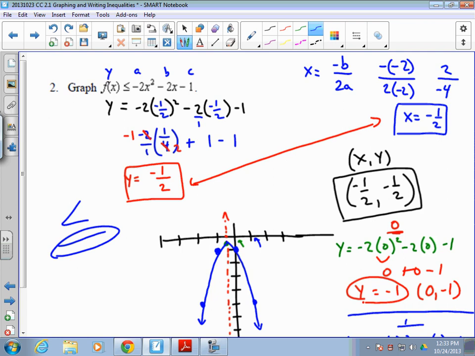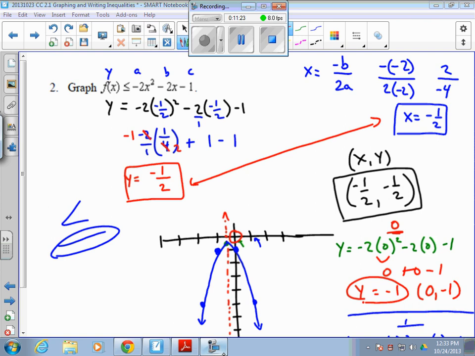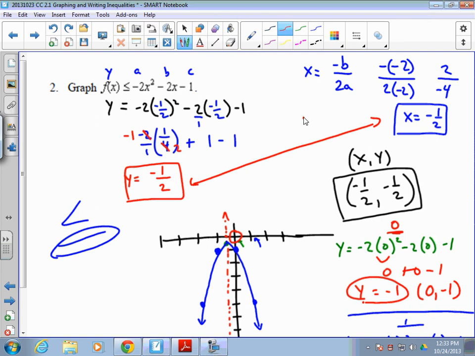Since this is less than or equal to, we have to shade one side or the other. Remember, you need to pick one point that you can plug in to test the truth value. The easiest one to plug in is 0, 0 if the parabola's not going through it. It's not going through it, so we can plug that in. In place of your original y, 0 is less than or equal to negative 2 times 0 squared. 0 squared is 0.